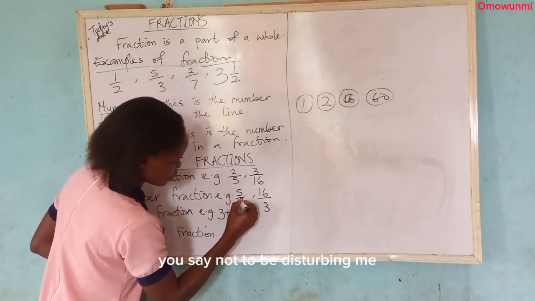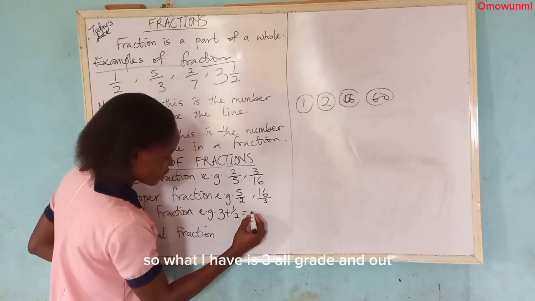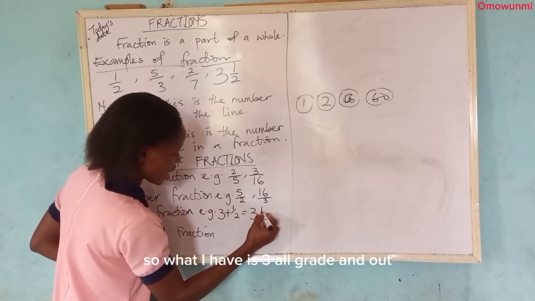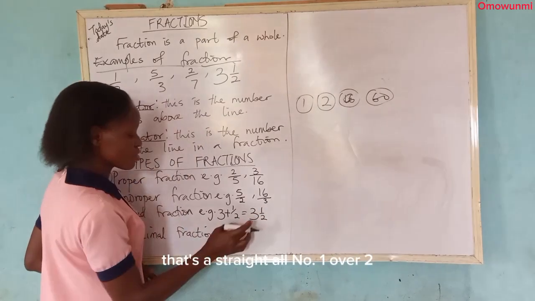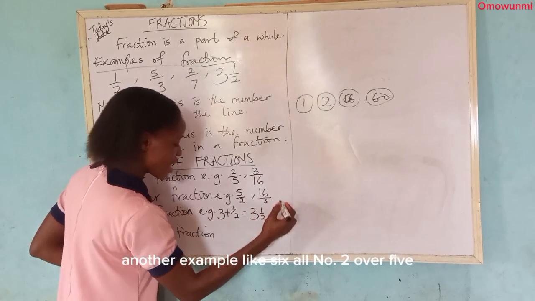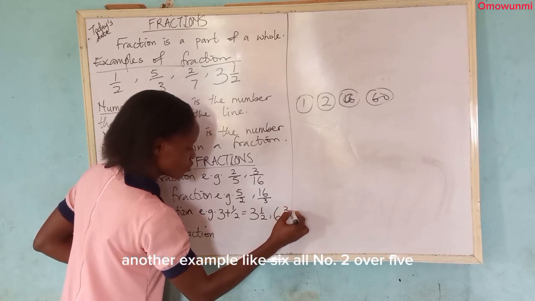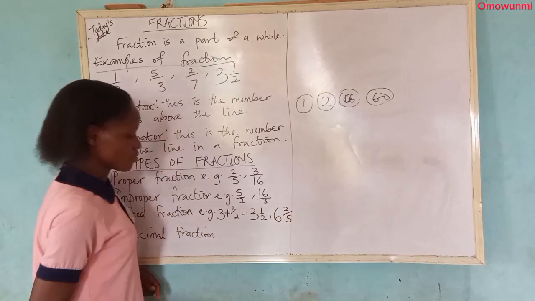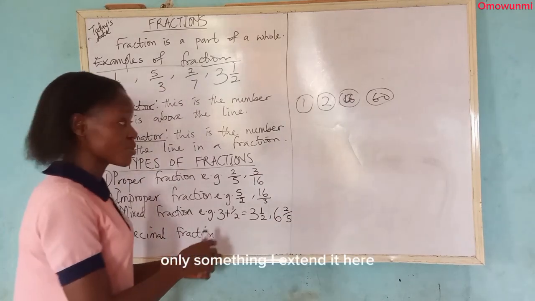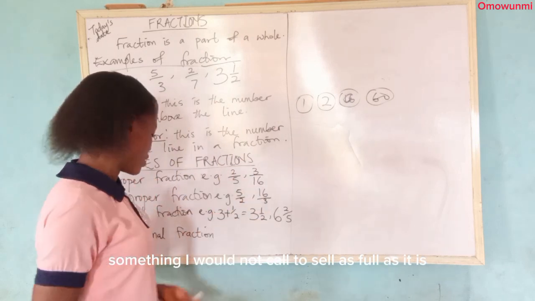So what I have is 3 whole breads and a half. That is 3 whole number, 1/2. Another example, like 6 whole number, 2/5. A whole is something that we did not cut, it is still as full as it is.